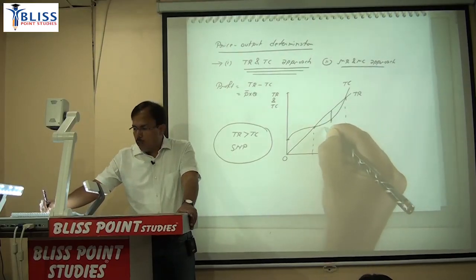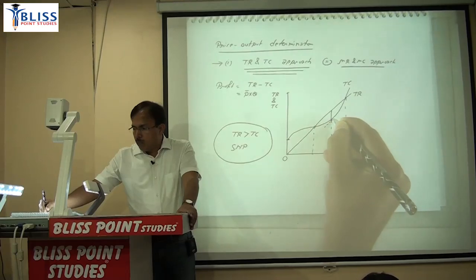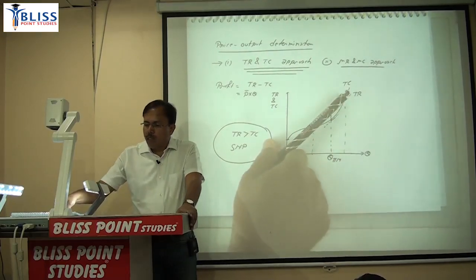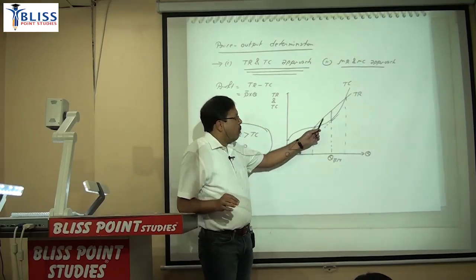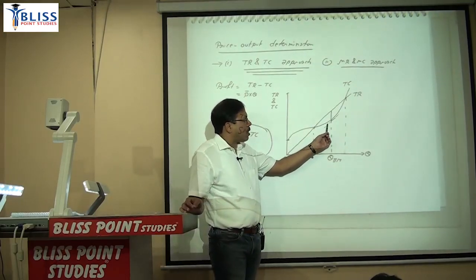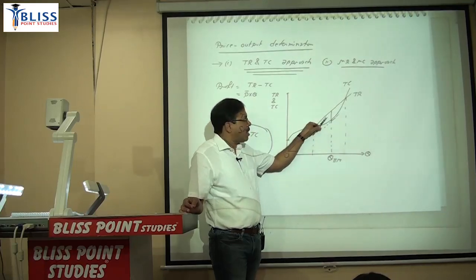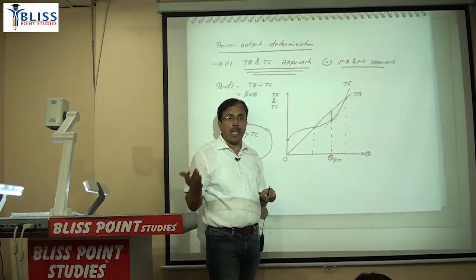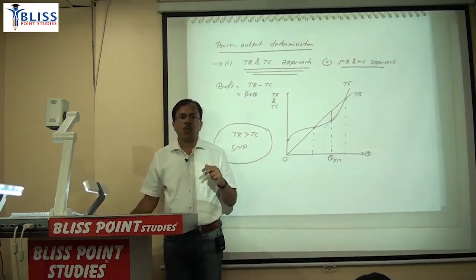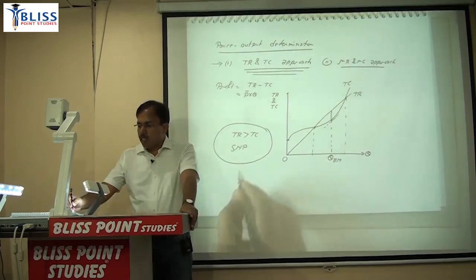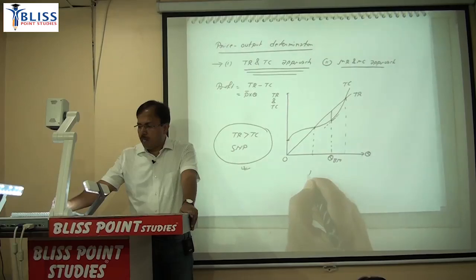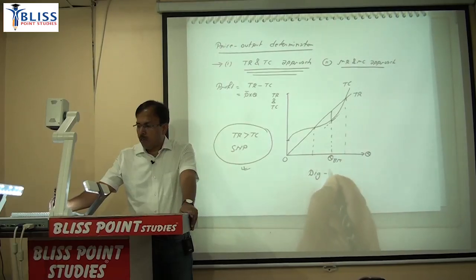At that point you draw tangency, but when you draw that tangency it will be parallel to TR line, because mathematically वो होना है, so it will be parallel to that line. So just draw a short tangency at that point, and that tangency must be parallel to that TR line, implying that MR is also equal to MC at the same quantity. So this is the diagram for supernormal profit. Mark it as diagram number 1.